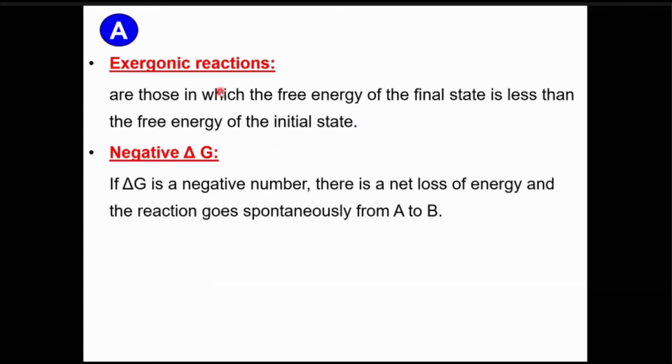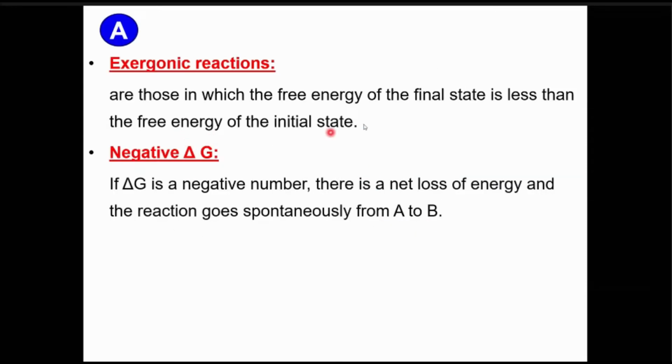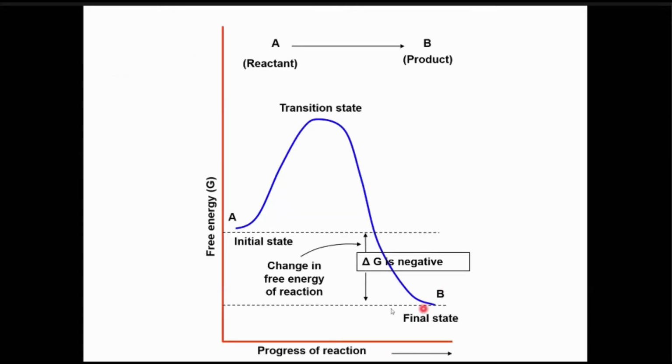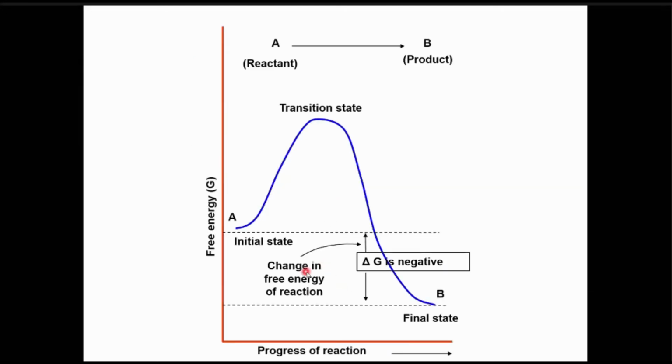Let's summarize what an exergonic reaction is. It releases energy. The free energy of the final state is less than the free energy of the initial state. The change in free energy is negative: A minus B will be negative.